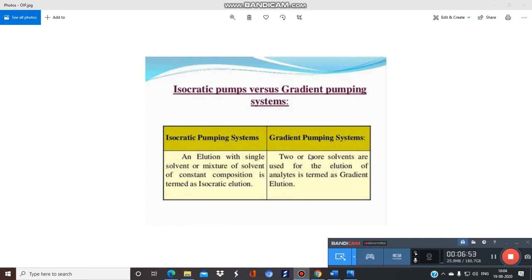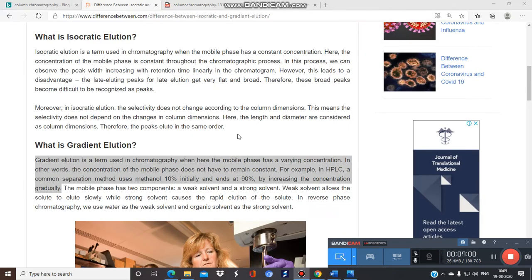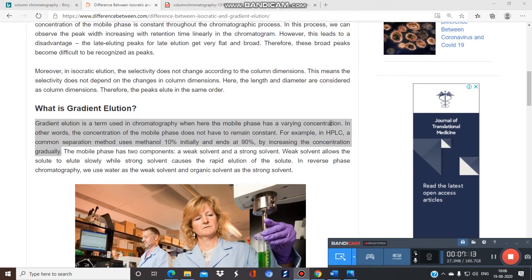Whereas in the gradient mobile phase we use two or more solvents for the elution. Please see again, this is the reference from differencebetween.com. In isocratic elution, the mobile phase has a constant concentration, but in gradient elution, the mobile phase has a varying concentration.